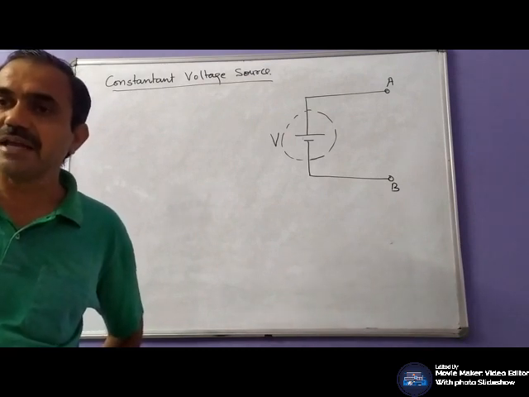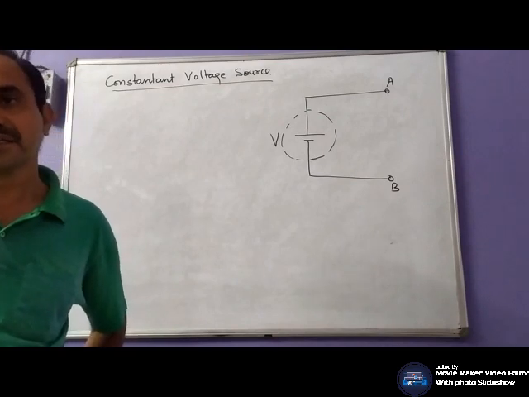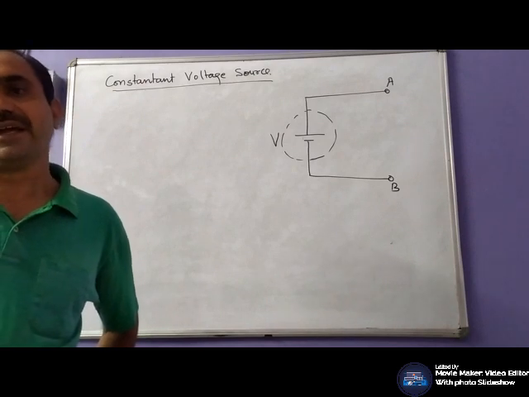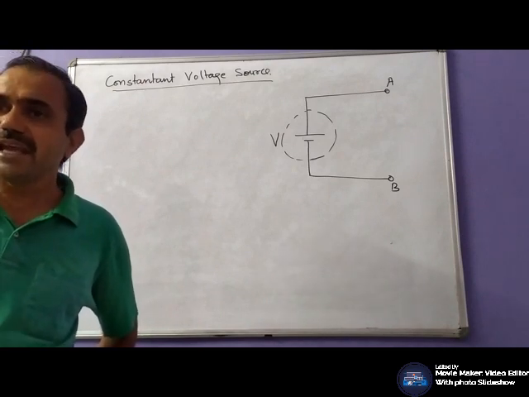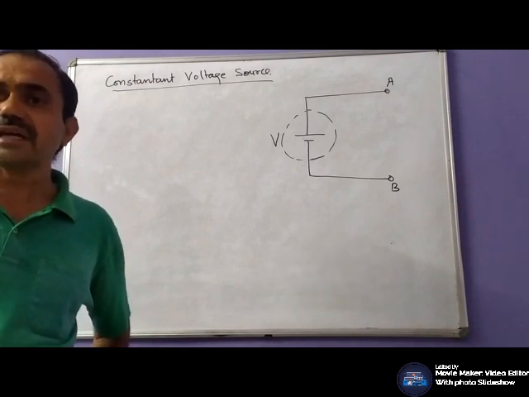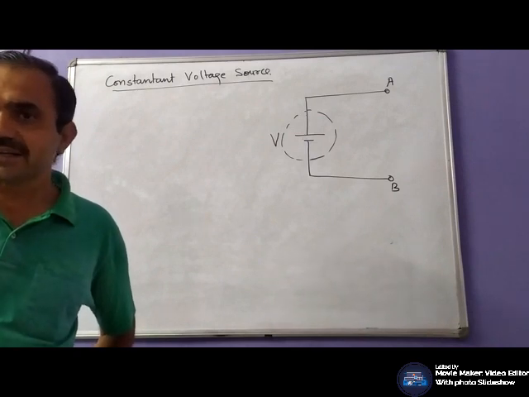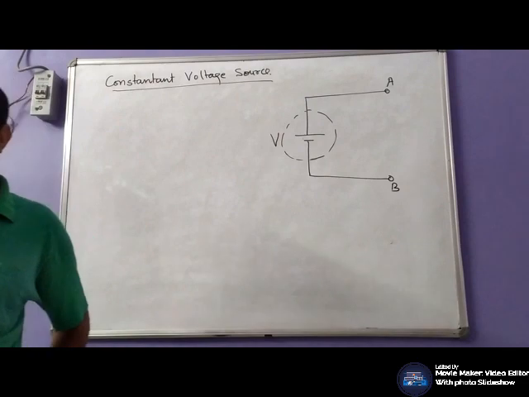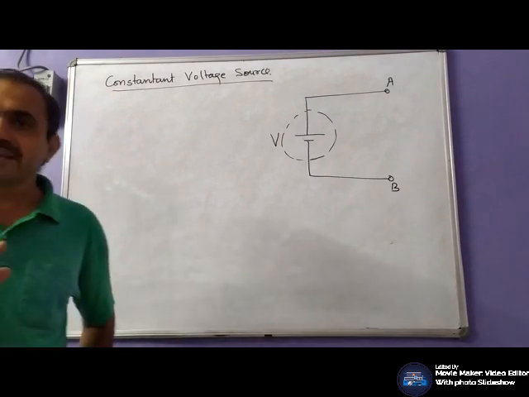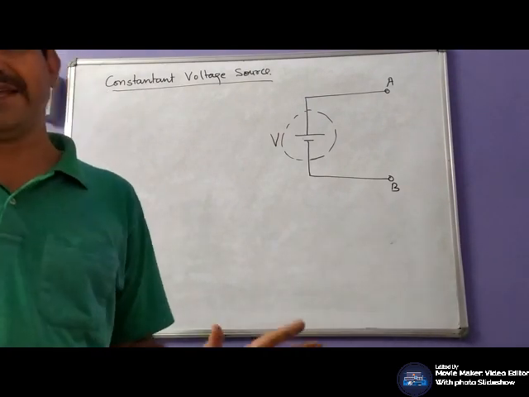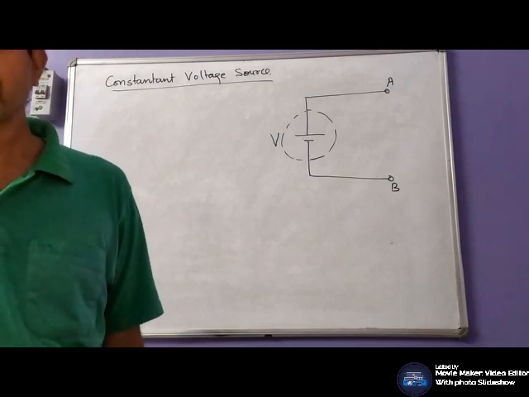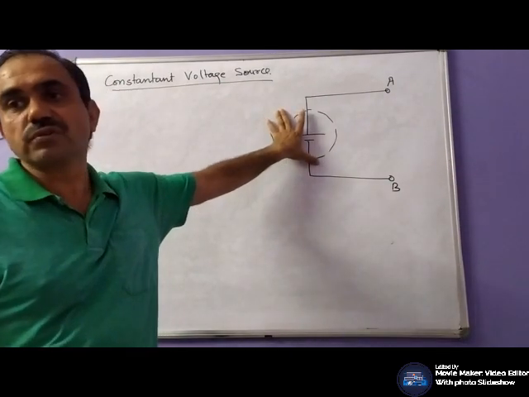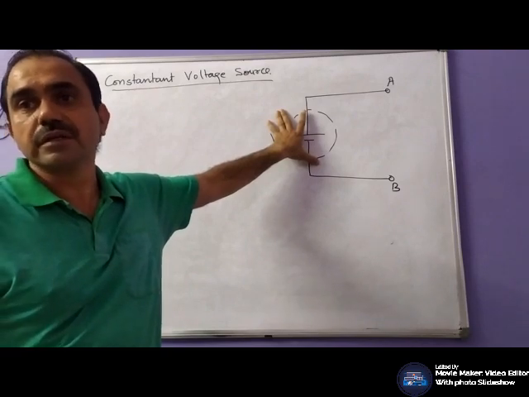Current is V by R, or V by 0, which is infinite. Can a finite source deliver infinite current? That is not possible. No finite source can deliver infinite current. That's why an ideal voltage source is not possible.